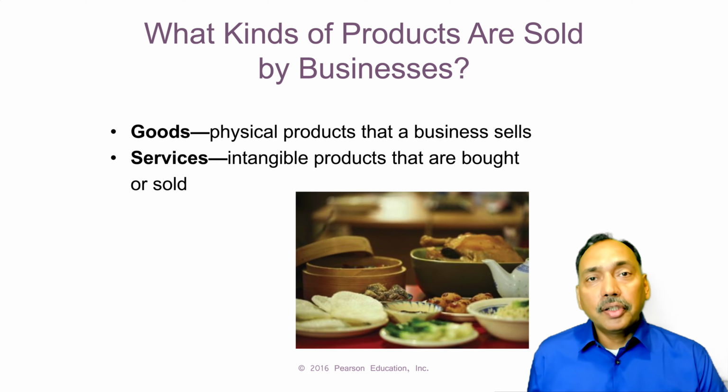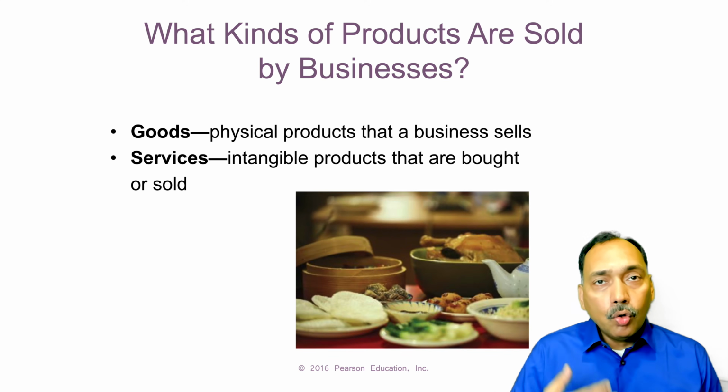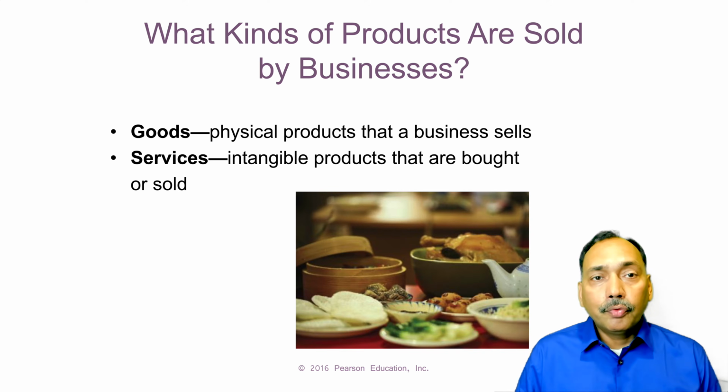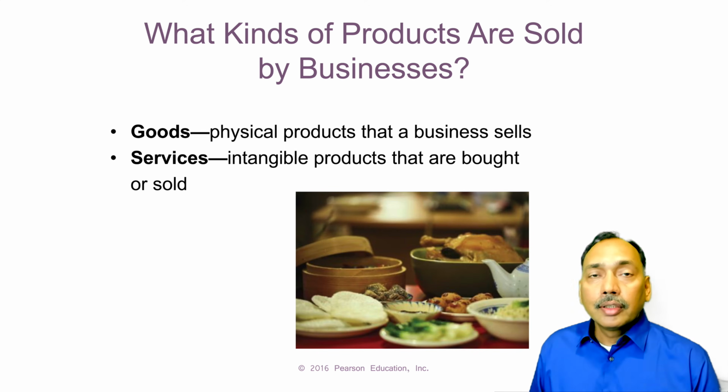When you go to a restaurant and buy food, there may be something tangible that you can see and touch, but it also involves many other things, like how the service was offered and whether the waiter was pleasant or not, whether smiling or not while serving you. All those intangible things form part of services.